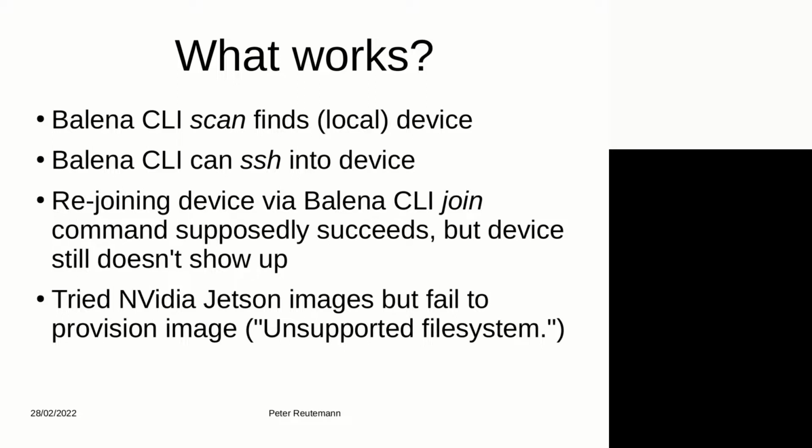Anyway, same process. You download an image, unzip it, and then provision it, and it outputs unsupported file system. I thought, oh, great. I'm using all the latest things that they've provided, latest image, latest software, and it comes up with that. So I honestly have no idea what the problem is. So, yeah, that's where that is at.